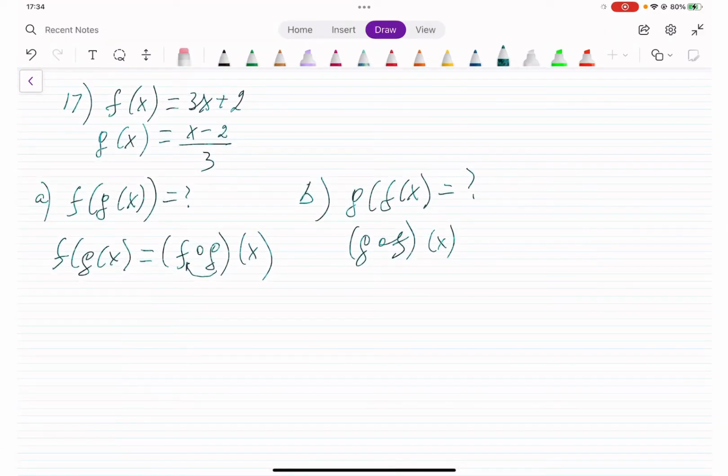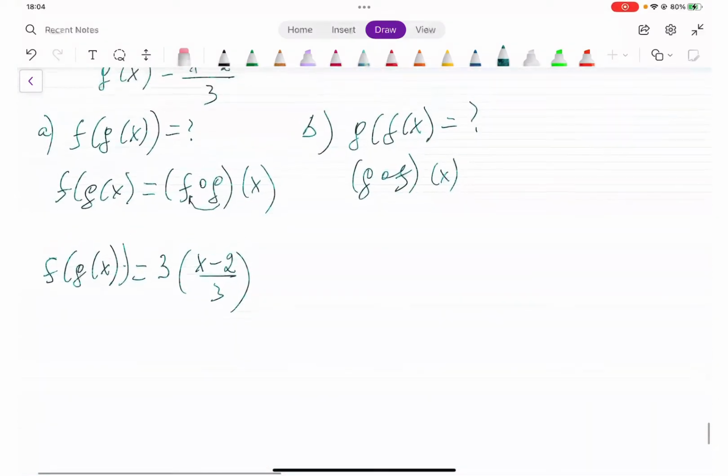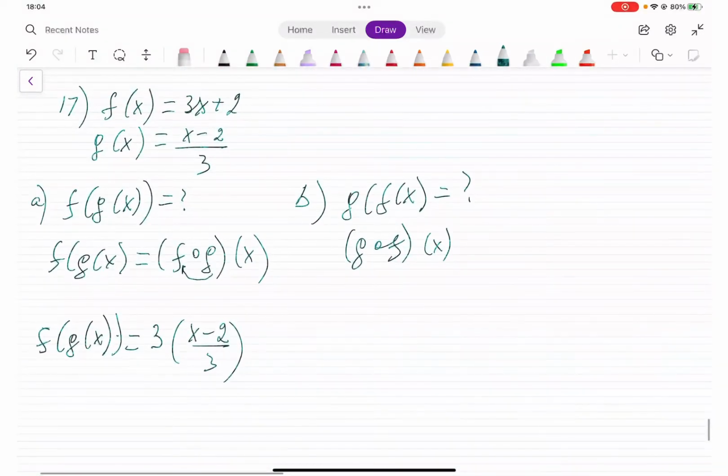So the value of g I'm plugging into f. So (x minus 2) over 3, let me write down f of g of x is equal to 3x, since f of x is 3x plus 2. So instead of x, I'm plugging in (x minus 2) over 3, and our f of x also has plus 2.